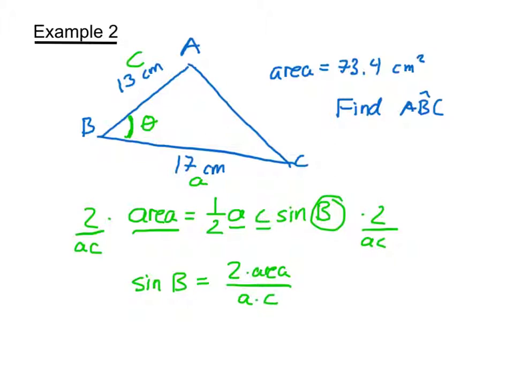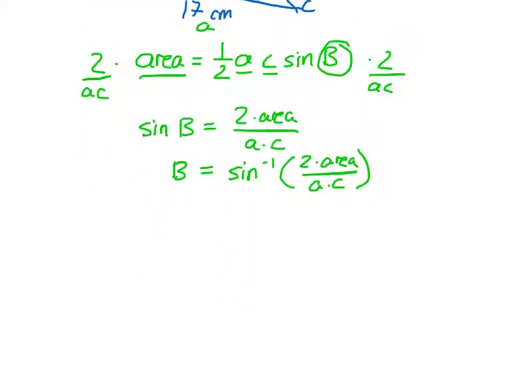Now I still don't have B alone, so to get B alone, I'm going to take the inverse sine of 2 times the area over ac. And now that I have the equation rearranged, I can plug in the numbers.